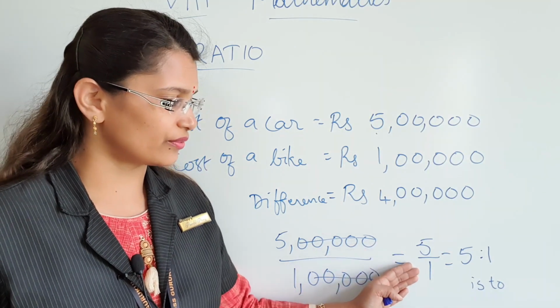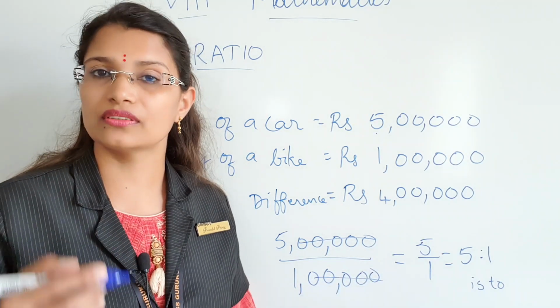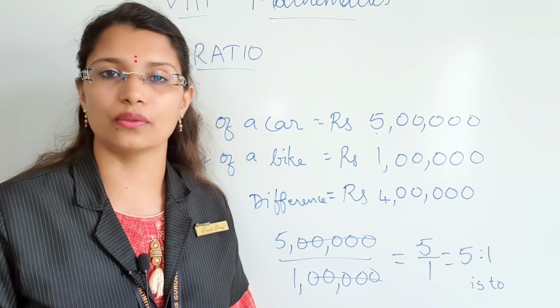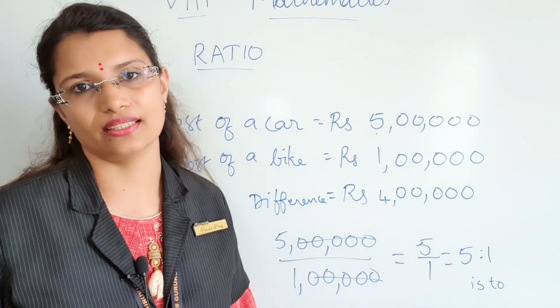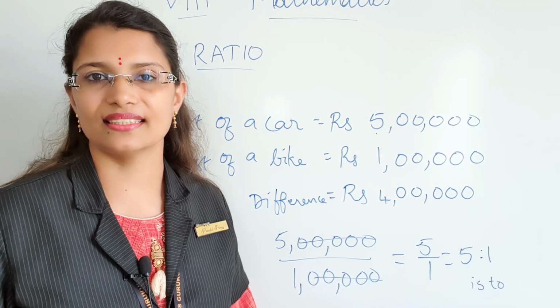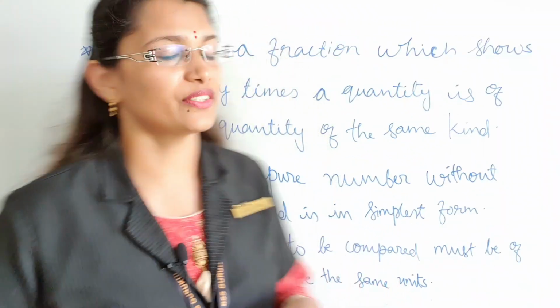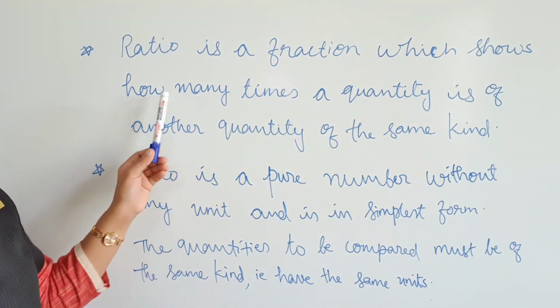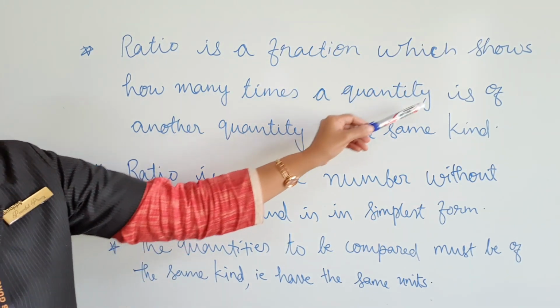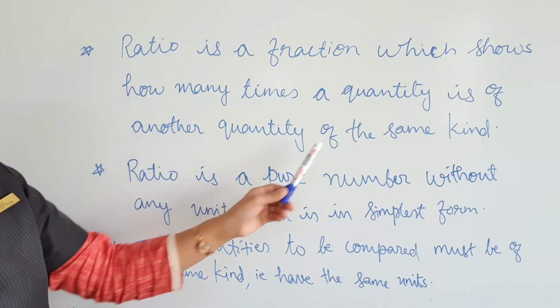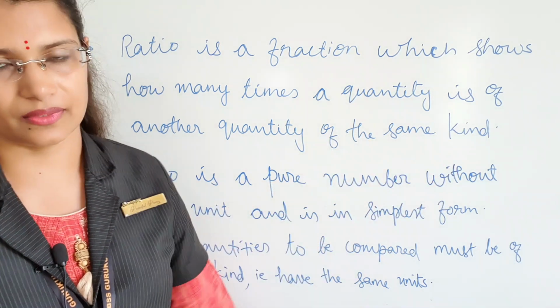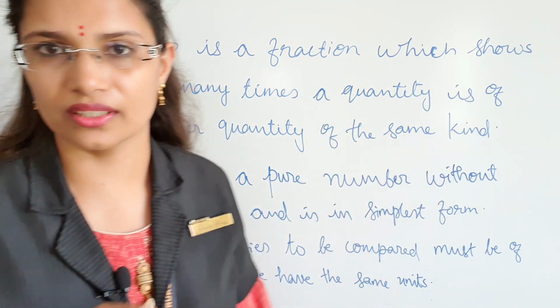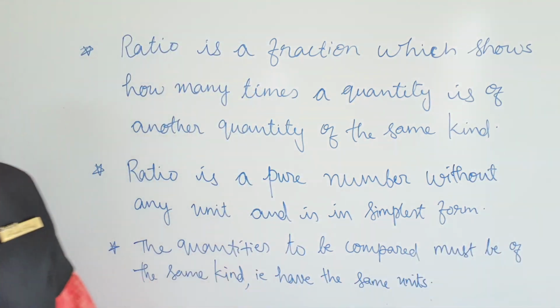A ratio is a fraction that shows how many times the one quantity is of other. Is it clear, children? So, ratio is a fraction which shows how many times a quantity is of another quantity of the same kind. This definition is not there in your textbook. You please note it down.